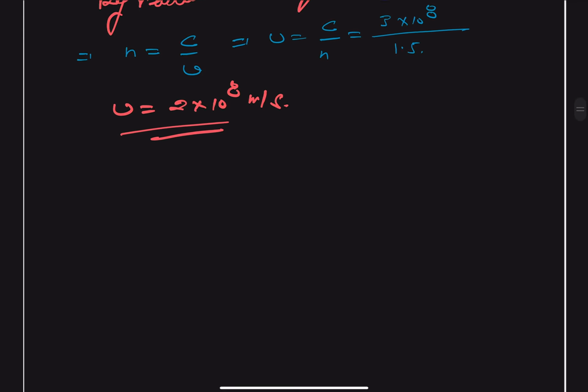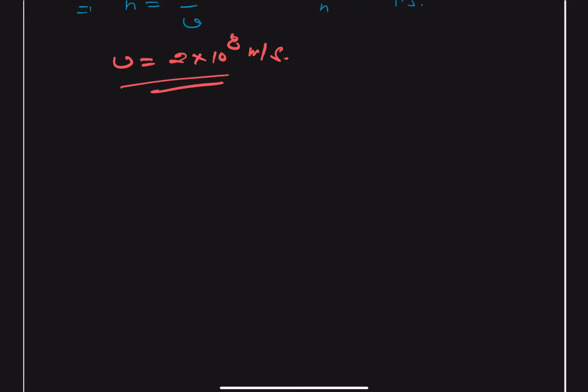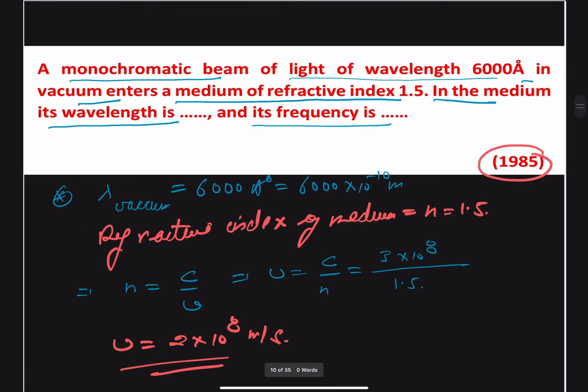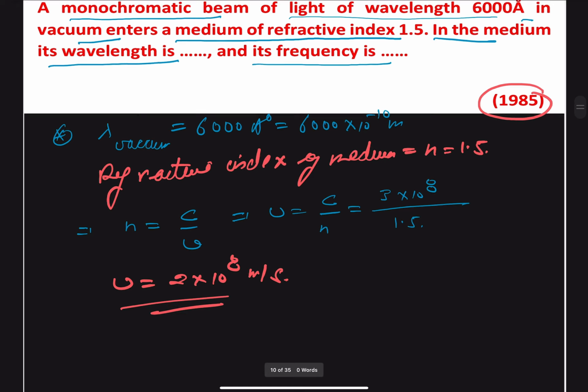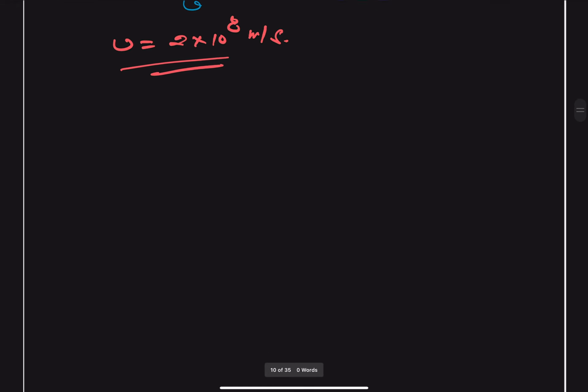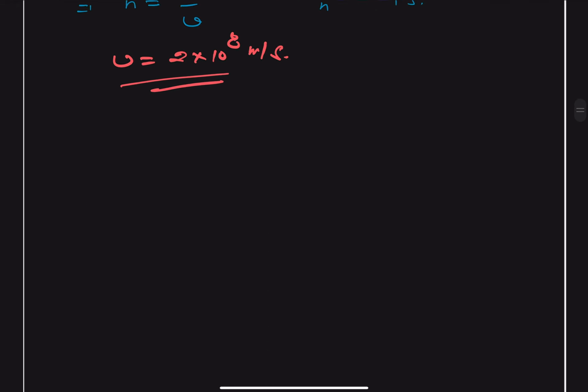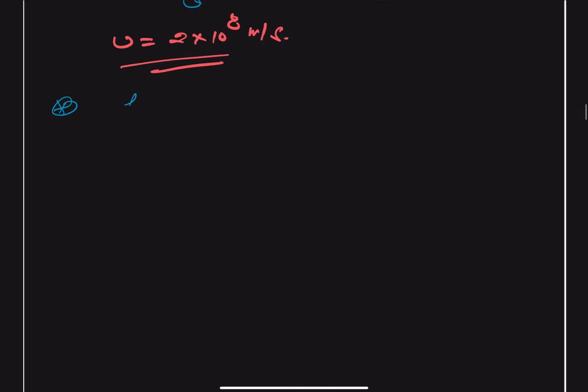So we found out the velocity, and frequency will be the same. That is our frequency we need to find out. So we can use the formula that our frequency will be equal to c divided by lambda in the vacuum.